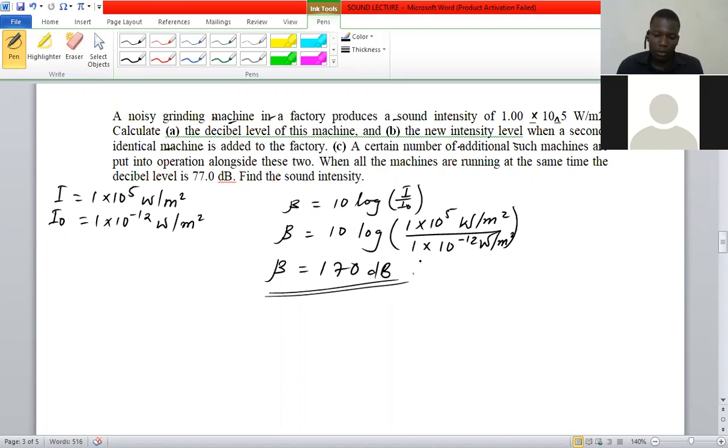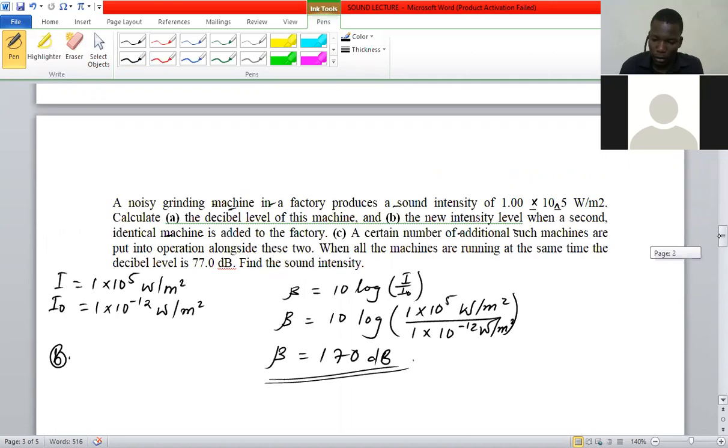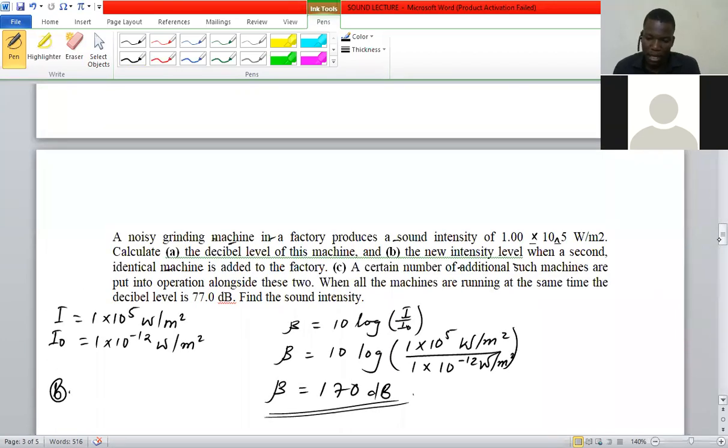That was part A, and now we have to solve for B. B says: calculate the new intensity level when a second identical machine is added to the factory.